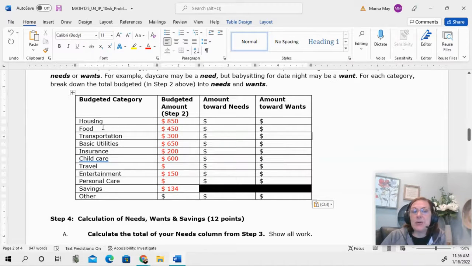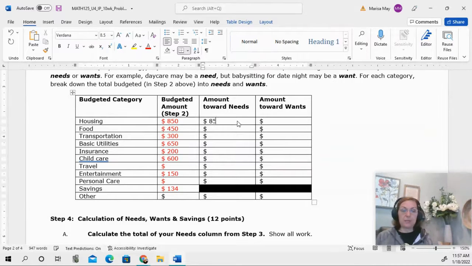Now, what we need to do is housing. How much of that 850 is a need and how much of it is a want? And for me, housing is a need. And so I'm going to need to put all 850 in the need category, and I wouldn't have any in the want.